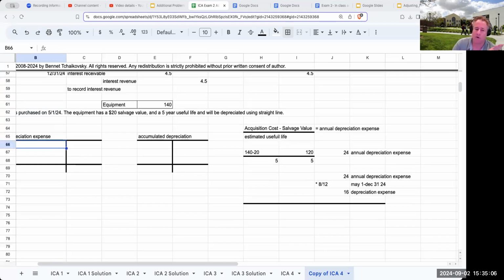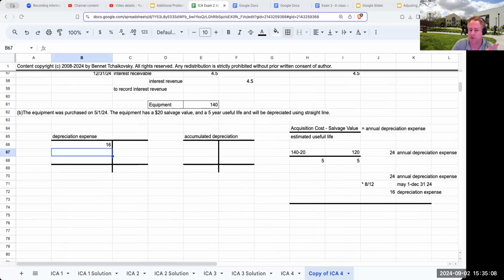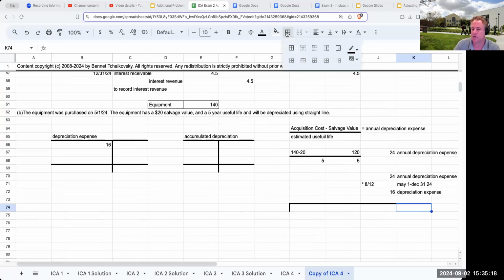When I record depreciation expense over here of 16, this is reflecting what I have used during the period. Remember, annual depreciation expense, or basically from 1/1/24 to 12/31/24, would have been 24,000 if it was for a full year.